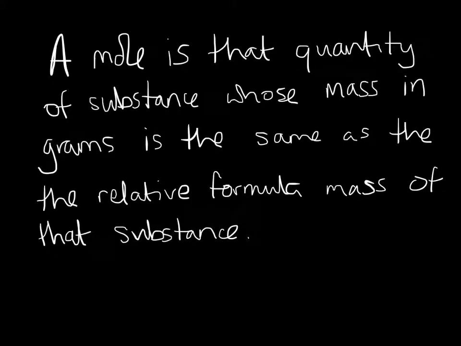And that number has not been chosen by chance. It so happens that a mole is that quantity of a substance whose mass in grams is exactly the same as the relative formula mass of that substance.